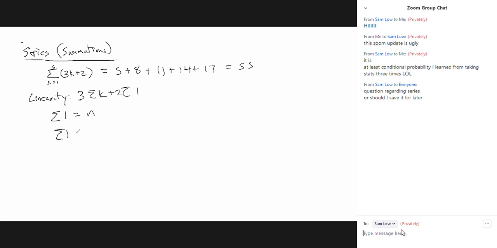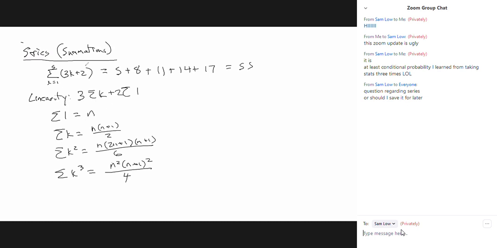This is our Gauss formula, and for k squared it was n times 2n plus 1 times n plus 1 over 6, and also for k cubed. All right, so we had problems like this.